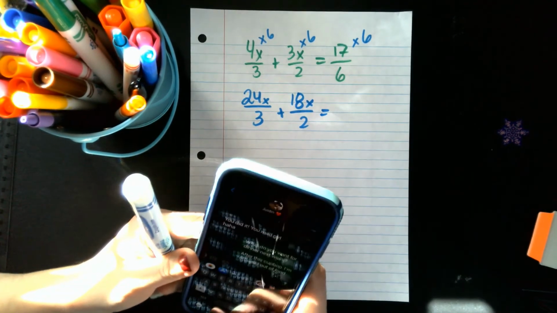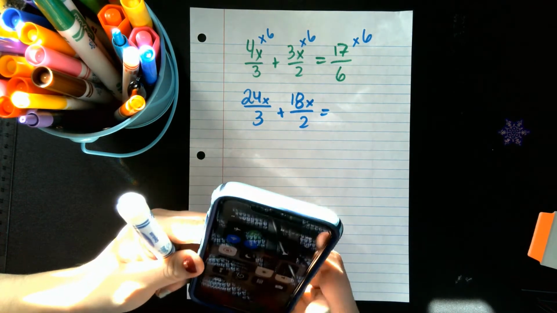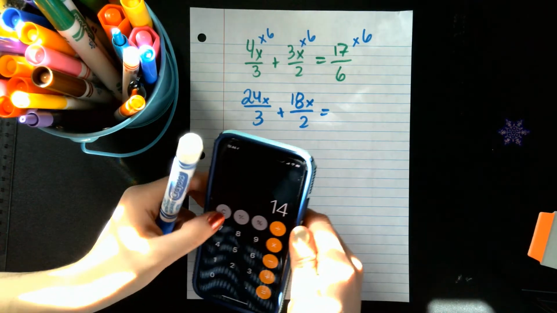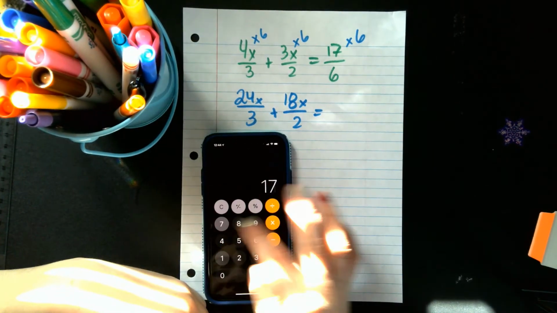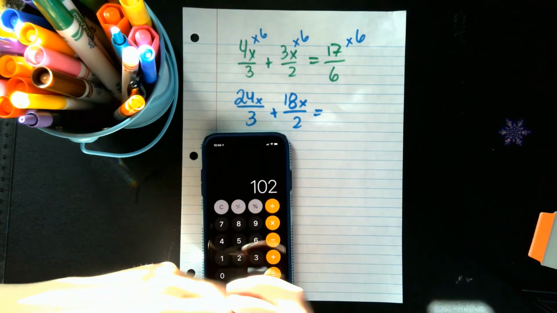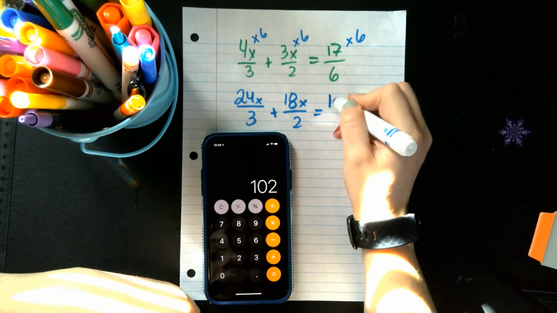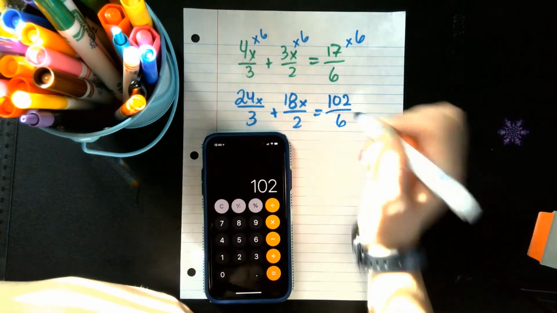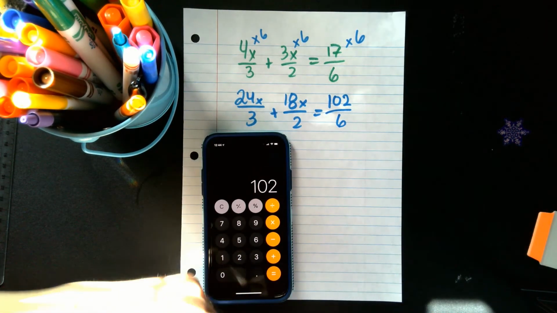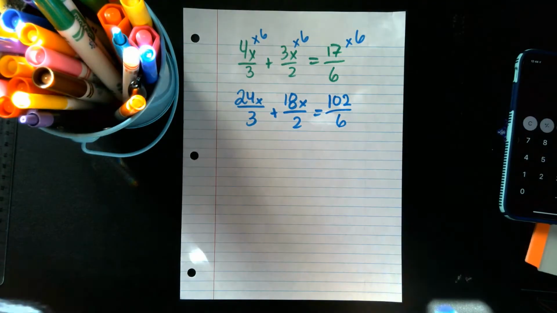I am not. Okay, 17 times 6 equals 102 over 6. Boom shakalaka.